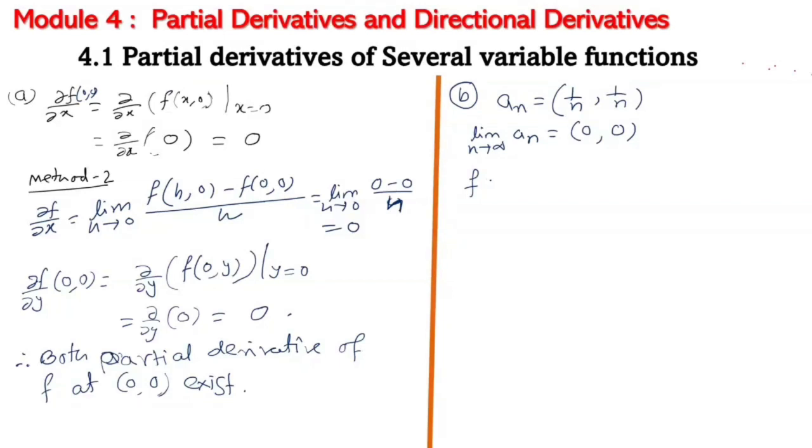But f of (1 over n, 1 over n) is equal to xy, so it is 1 over n times 1 over n over 1 over n squared plus 1 over n squared.